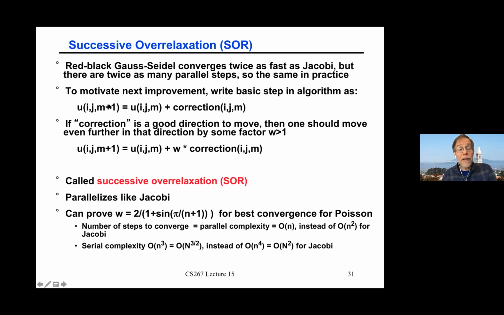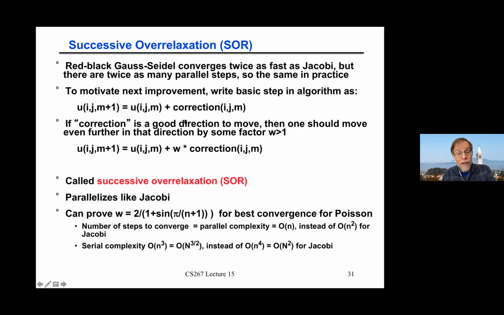And this one looks like this. Remember, at every step, what I'm doing is taking the old value of my approximation of the solution at point ij at iteration m, and adding some correction to it, which comes from some mathematical formula on a previous slide.